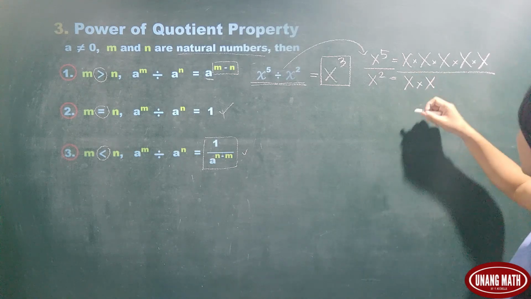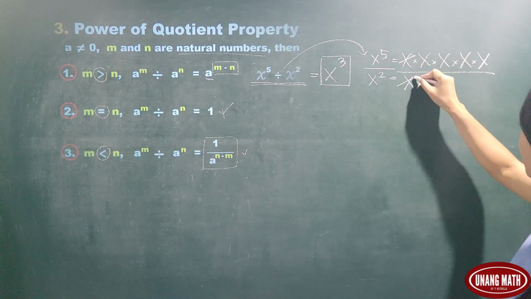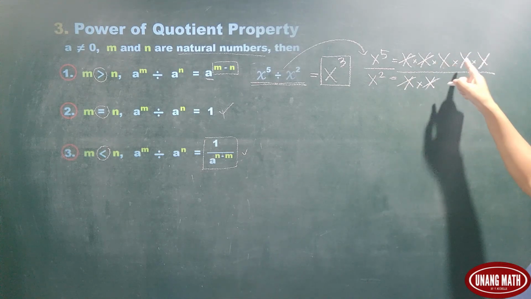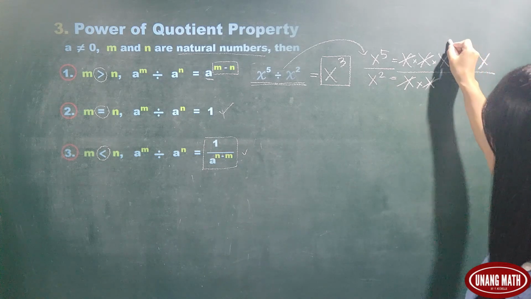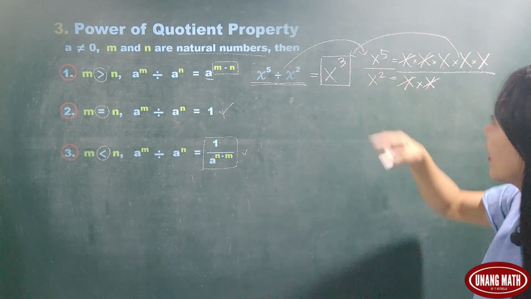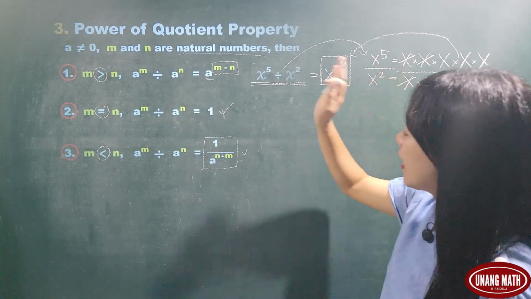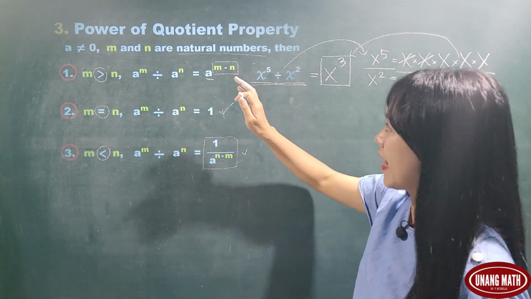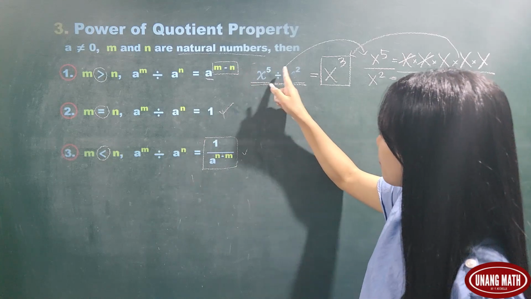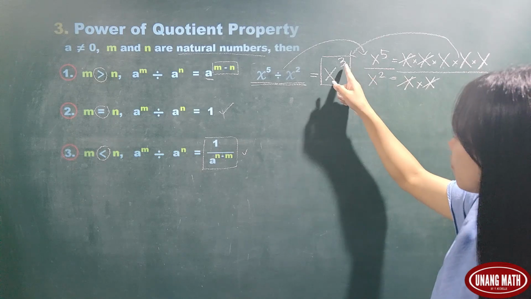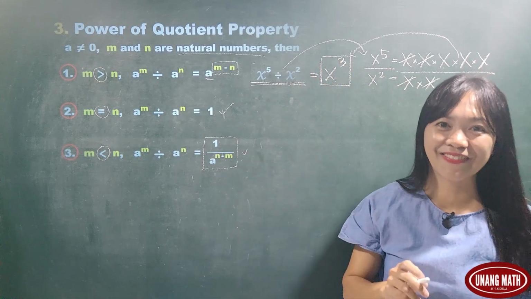If we simplify, this will be cancelled, this will be cancelled. So we only have x times x times x, and this is equal to x raised to the power of 3. So if the exponent of our dividend is larger than the exponent of our divisor, we just need to copy the base, then subtract the exponents.